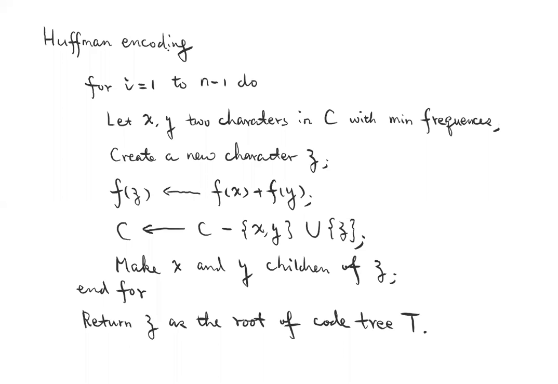What the algorithm does is it starts with the two characters with minimum frequency and merges them to form another character. This will be carried out, of course, n minus 1 times. Each time we pick the two characters with minimum frequency, X and Y, and replace them by a new character whose frequency equals the sum of these two characters.